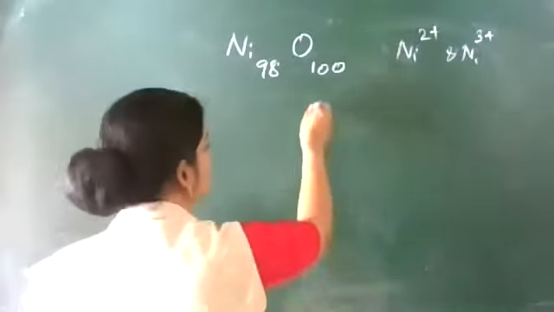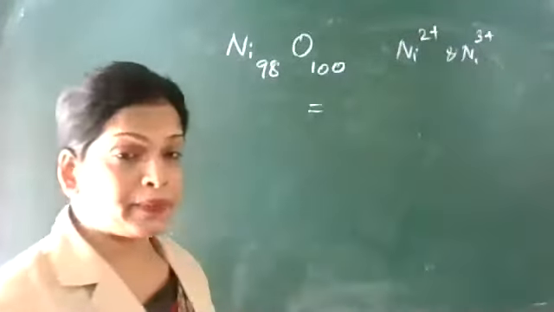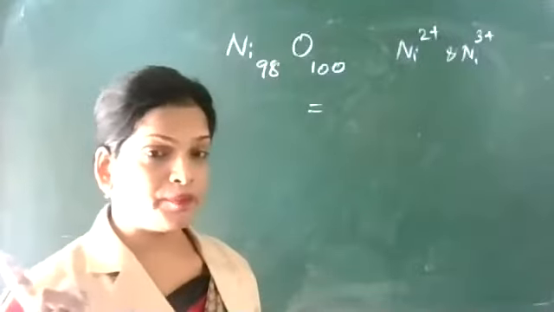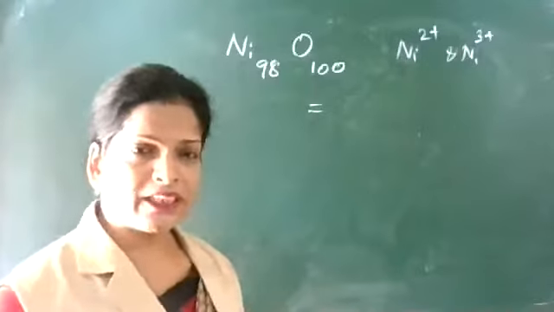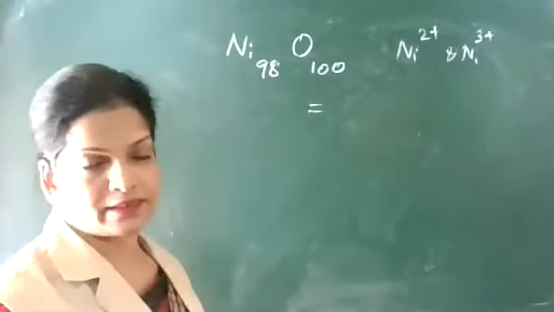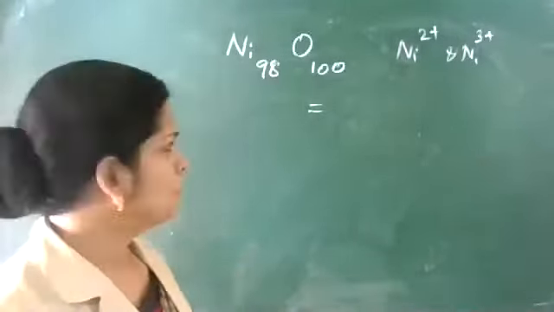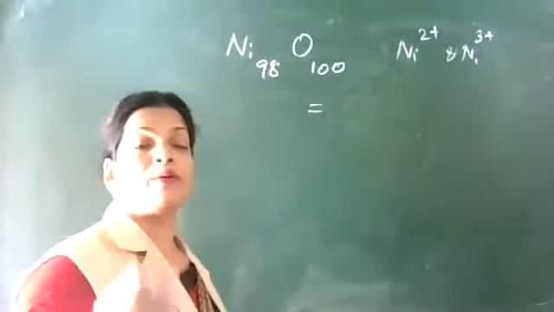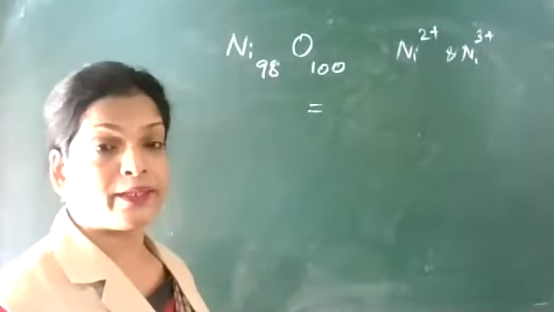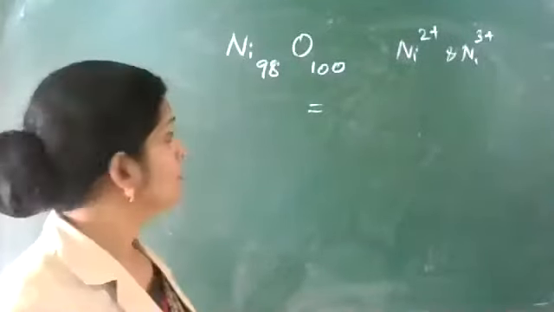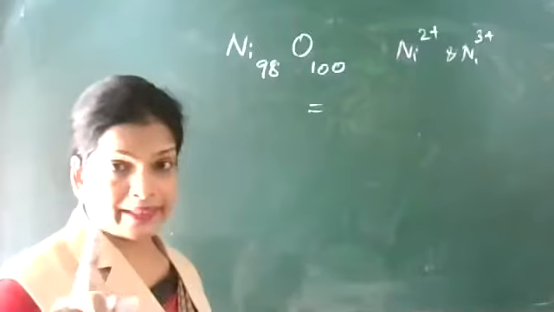Now I am going to do the calculation by keeping that number of positive charges is equal to number of negative charges. Positive charges are coming from Ni, negative charges are coming from O. If X is the number of Ni2+ ion, total Ni98.